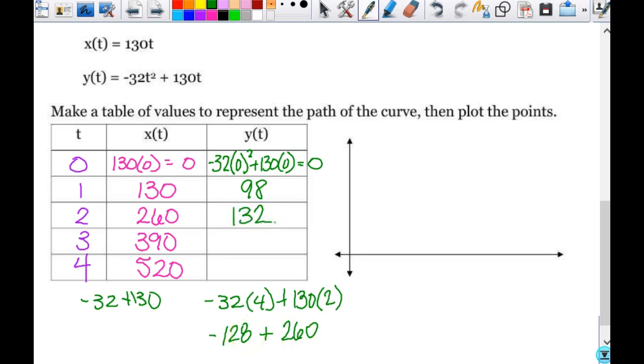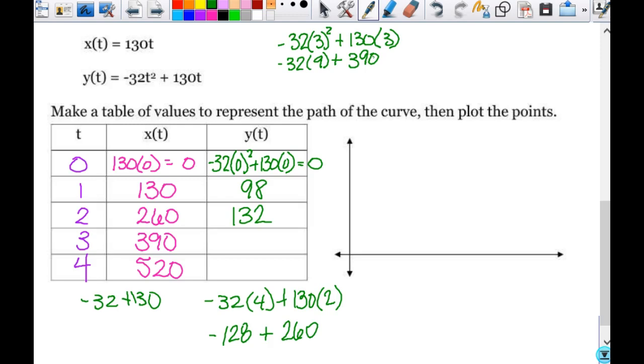All right, then I've got to do that negative 32 times 3 squared plus 130 times 3. So this gives me negative 32 times 9 plus how much? 390.